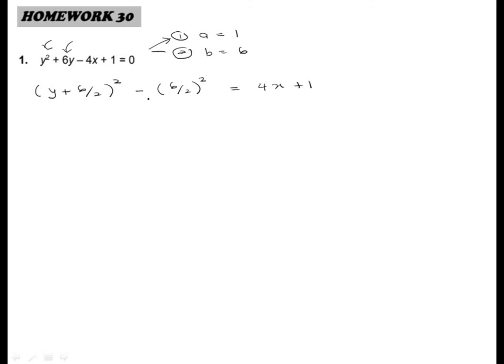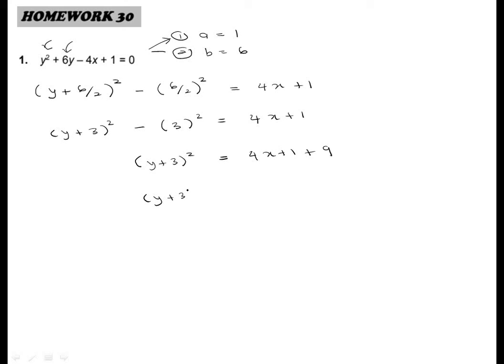Okay, and then let's simplify the equation on the left. 6 over 2 is 3. And then we can leave y plus 3 squared on the left and bring 3 squared to the right. 3 squared is 9. Simplify.